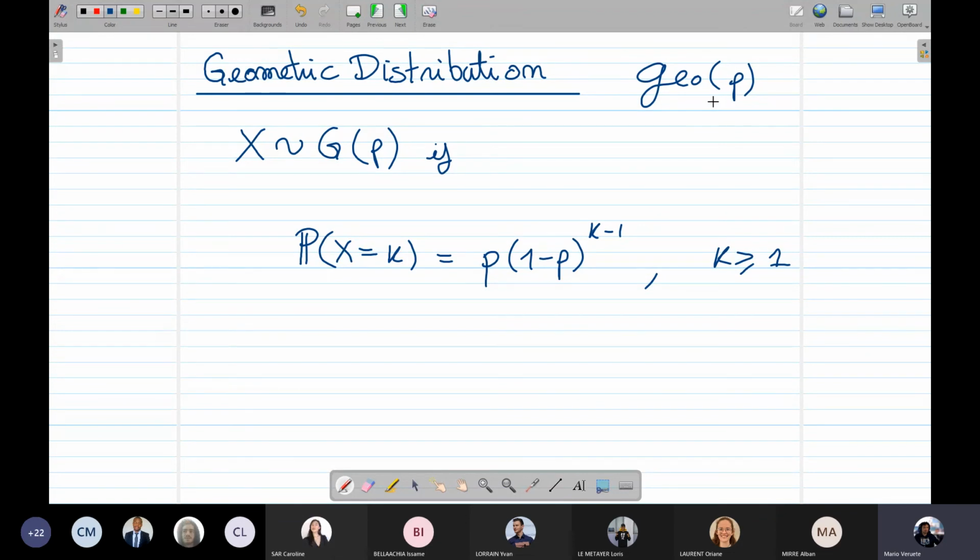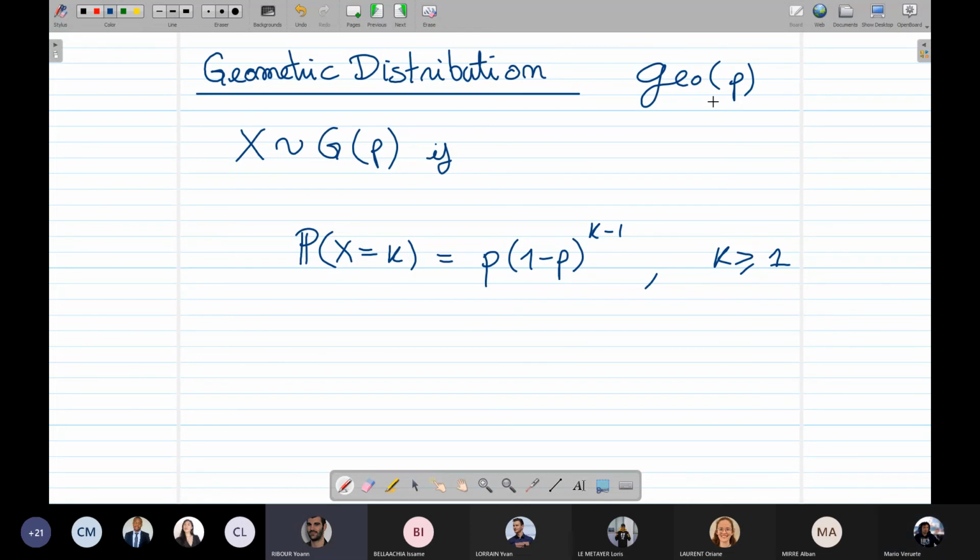Anyone can tell me what's the phenomenological description of this geometric random variable? It's, for example, if you flip a coin, it's the count to have a certain result, repeating a Bernoulli trial until you have a certain result.